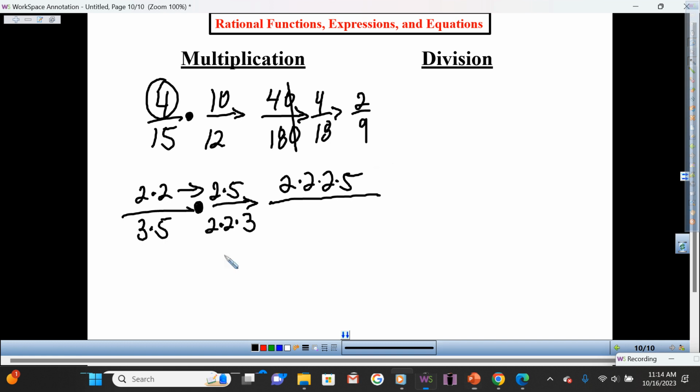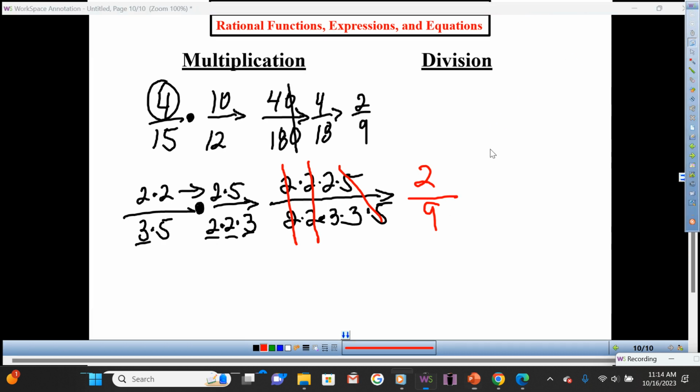So far so good, yes? How about these? Well, I'm going to start with 2 times 2 times 3 times 3 times what? 5. And now I can simplify. How, Mr. Q? Divide out the giant ones, yes. What do we have left? 2 and 9. Let's go!